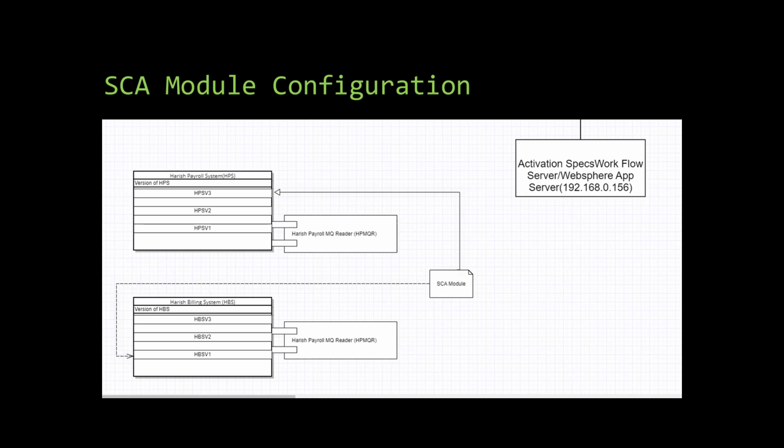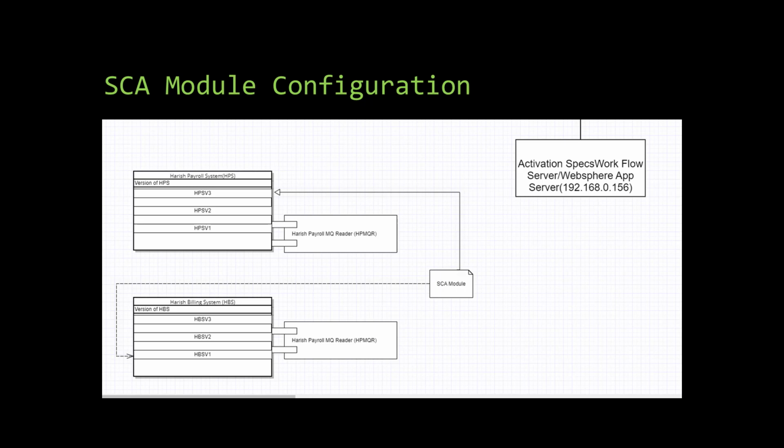And with that SCA module, you can update that SCA module to any of the applications that has this MQ reader. I'm going to explain about this application and the reader toolkit.